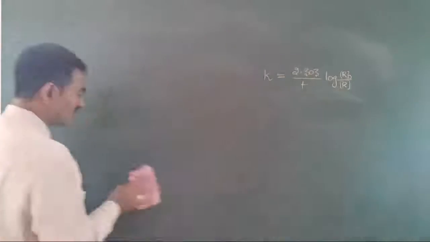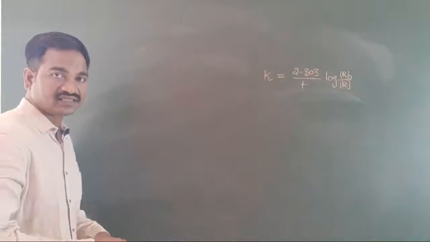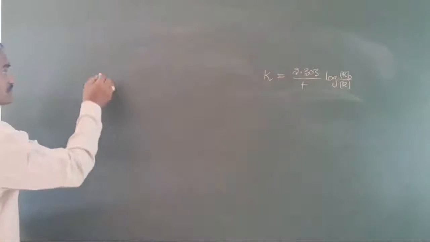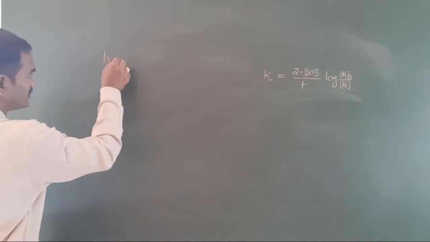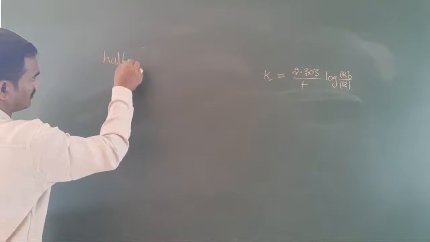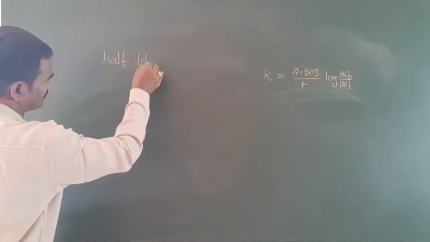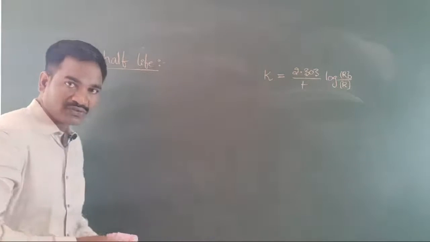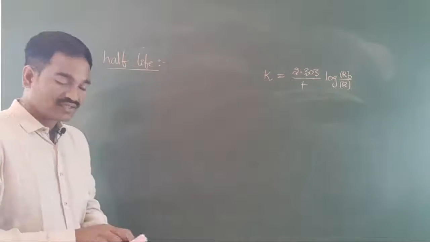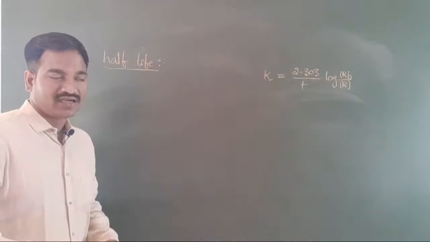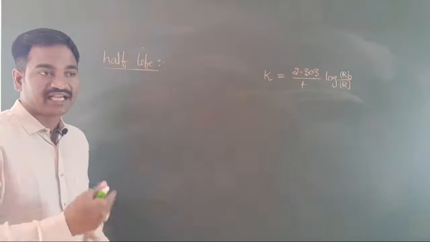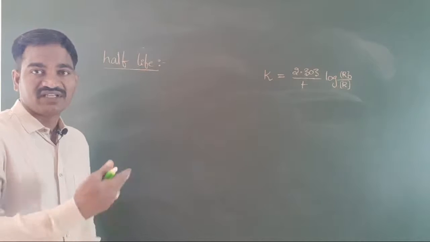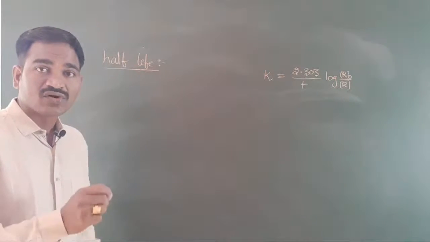We have discussed already in zero order half-life. So what is meant by half-life? The time taken for the initial concentration to become half of its initial value is called half-life.